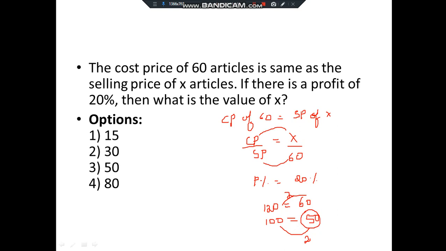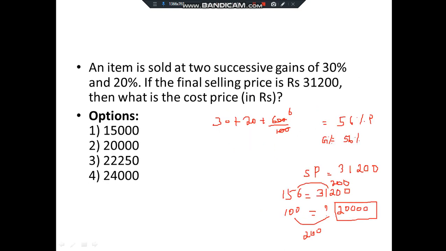Next question. An item is sold at two successive gains of 30% and 20%. If the final selling price is 31,200, then what is the cost price? As I told previously, the same concept you can use. Either find 30% and then 20% of the selling price and then find the cost price, or else directly find the successive gain percentage.